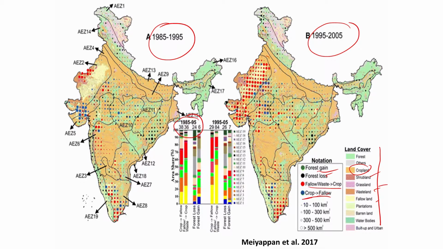You can see some regions have seen fairly massive changes, and there are regions where, as we already discussed, forest gain has happened, the green dots. You can look more carefully and find them.